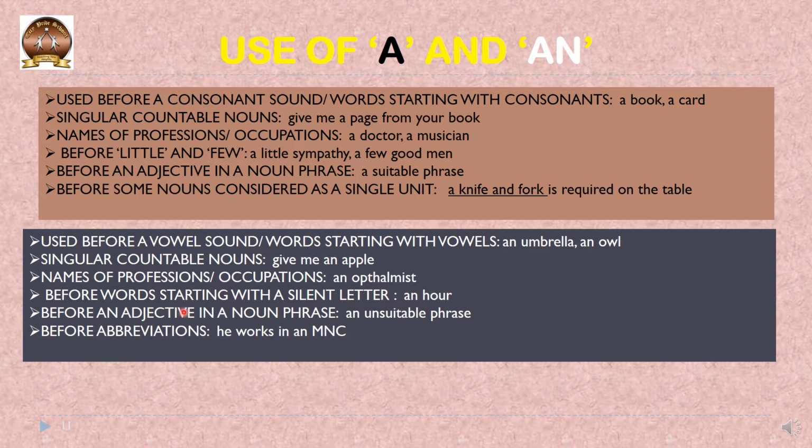Before words starting with a silent letter: H is a consonant, but still we are using "an" because it's a silent H, an hour. Before an adjective in a noun phrase, an unsuitable phrase. Before abbreviations, like: he works in an MNC.